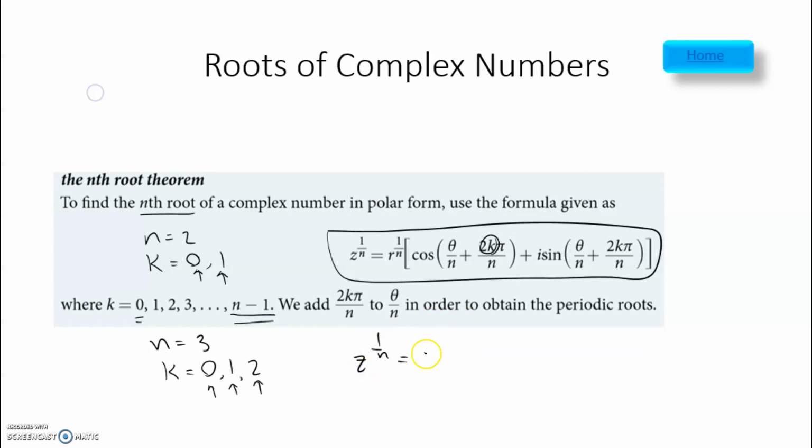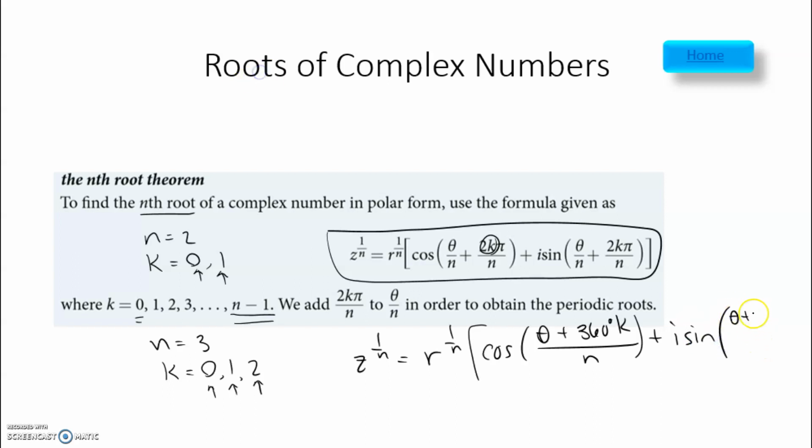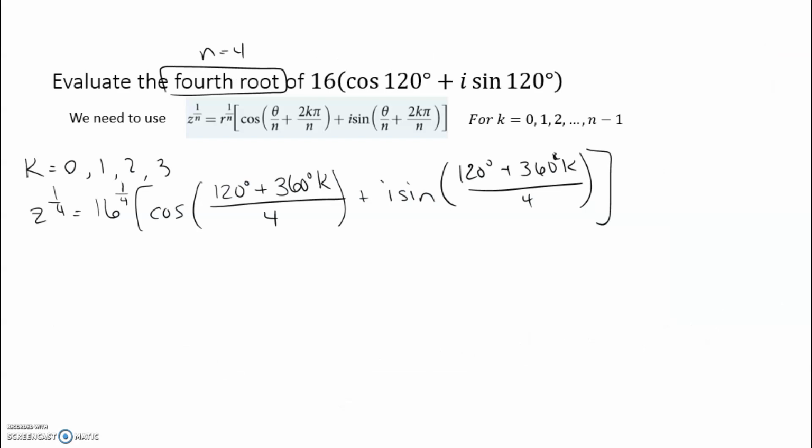The nth root is equal to the nth root of the modulus times cosine of your theta plus either 360k or 2 pi k, depending on if your angles are degrees or radians, all over n, plus i sine of the same thing: theta plus 360k all over n. These two formulas are the exact same thing. This one looks like it's a little bit easier to use, so that's the one I'm using here.